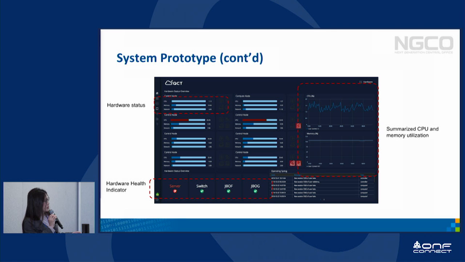And we can observe the CPU usage, memory usage, and the network load. Also, at the right-hand side, this area is the CPU usage summary and the memory usage summary. At the bottom here, that is the service status indicator.